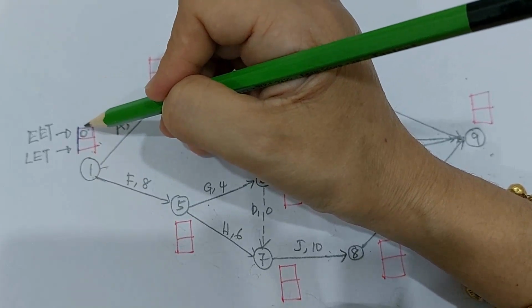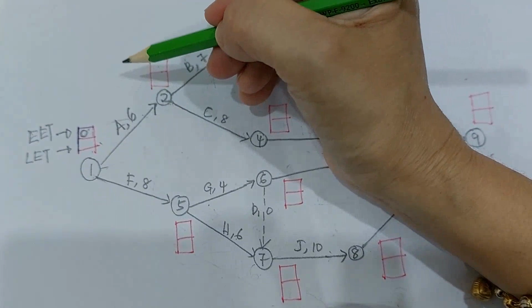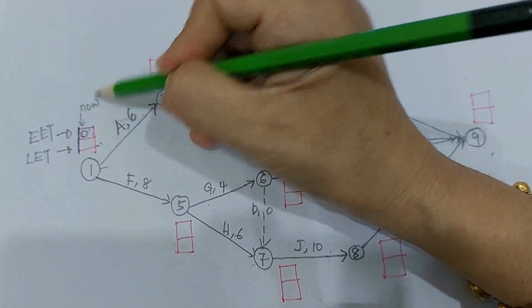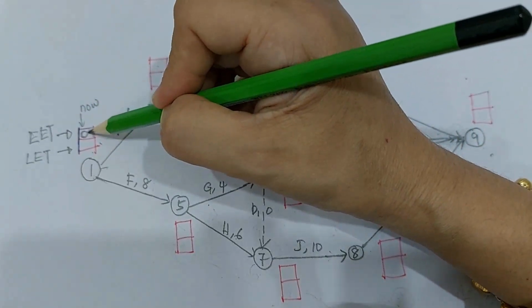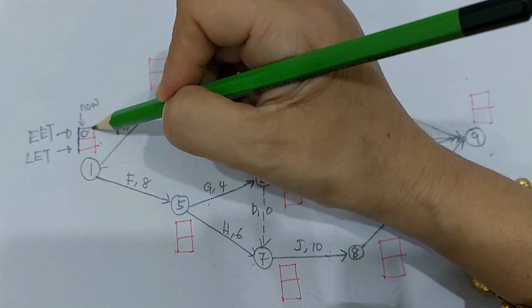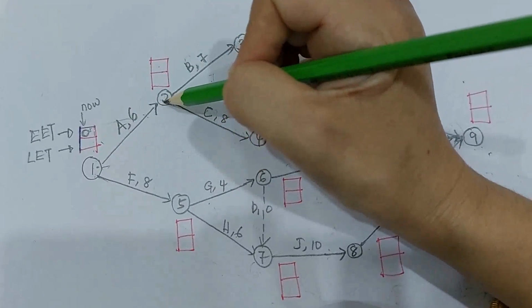What is the earliest time to start this event? That is called the earliest event time. So 0 here means now. Okay, 0 ni bermaksud sekarang. So automatically you write 0 for the EET for the first event.